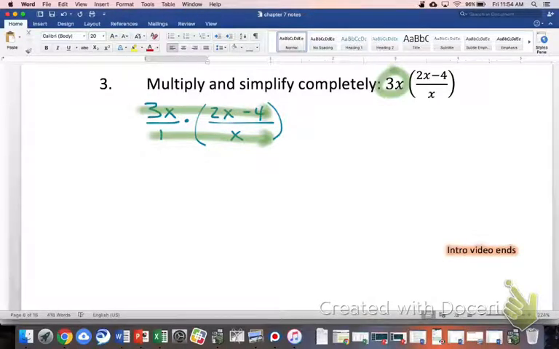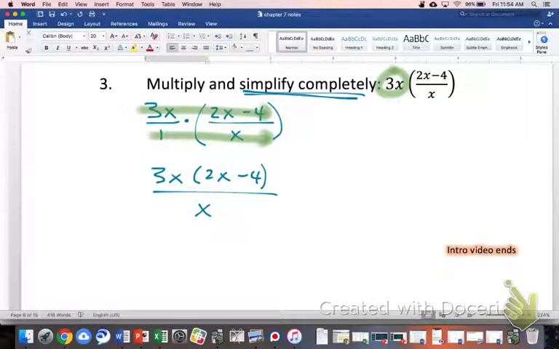When we do that, I'll show a couple of steps here. I'm going to write it out like this. It would be 3x parentheses 2x minus 4. Again, it's kind of a distributive property, really, what we'll be looking at here in the end. And then, of course, over 1 times x is x. This might be a good place to talk about simplifying completely.